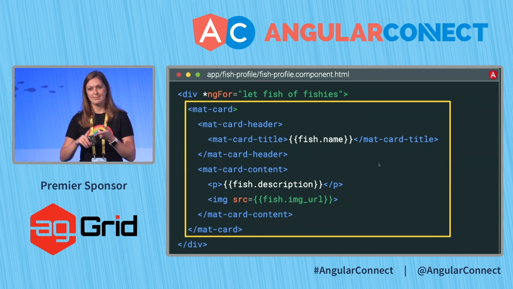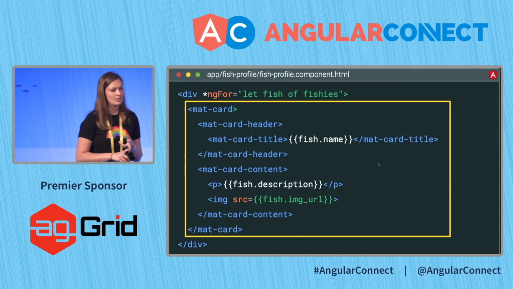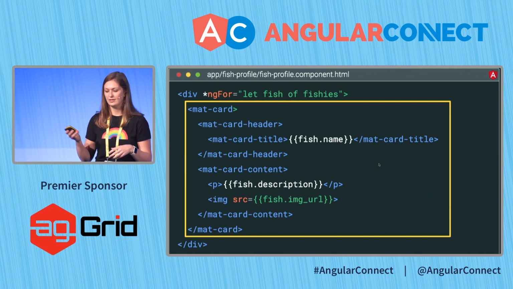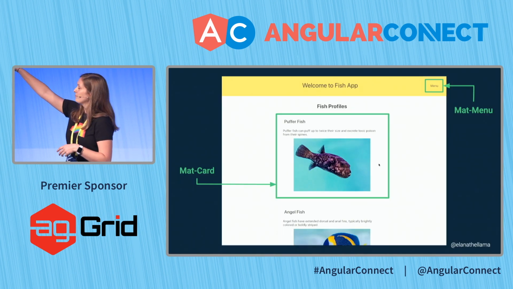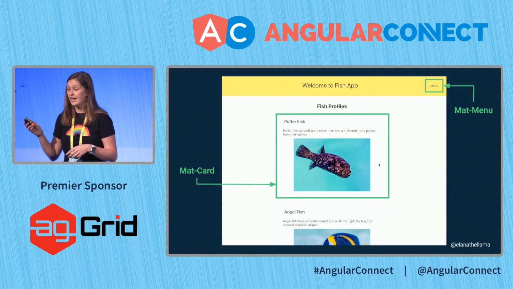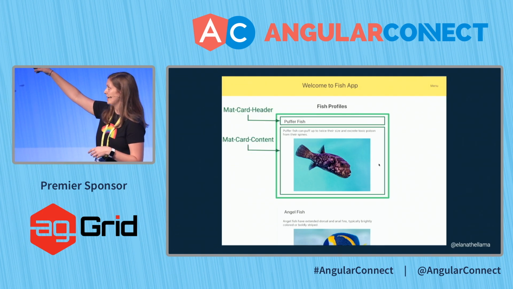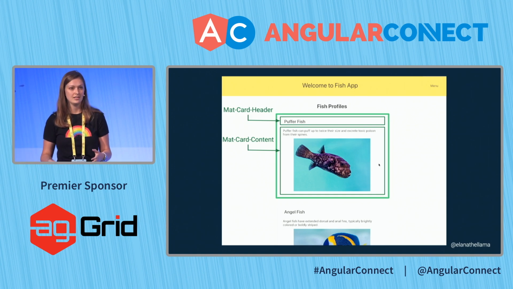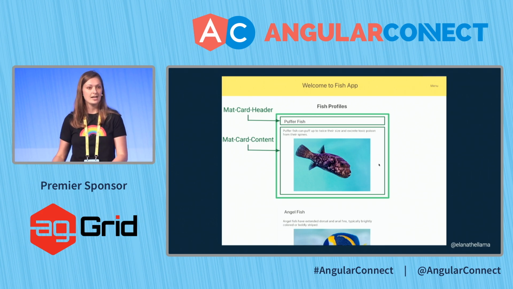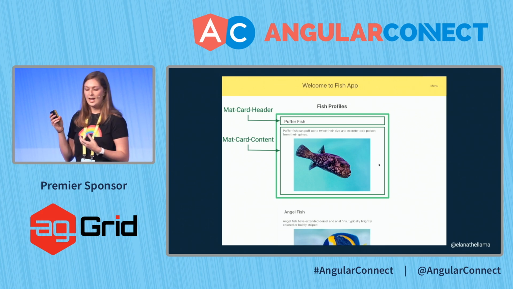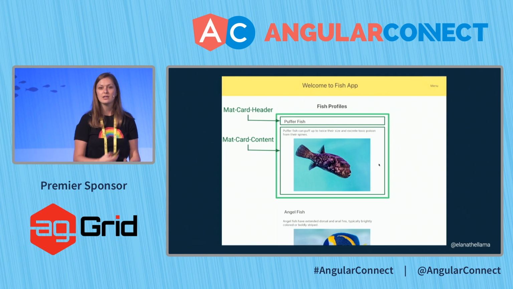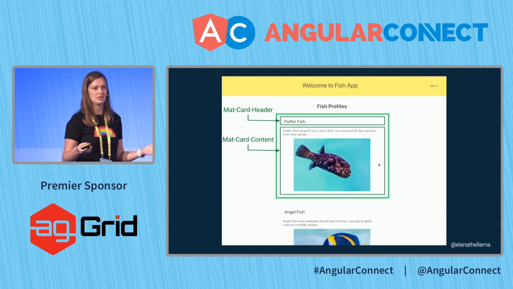And mat-card has a mat-card-header, it has mat-card-content, and this way I can put a mat-card inside my component and have predefined components already in my application. Now this mat-card is comprised of your mat-card-header and your mat-card-content. And all I had to do is include mat-card in those specific headers and content, and it did it all for me. Angular Material is really great for speeding up that process of just creating components really quickly and standardizing them with material design.